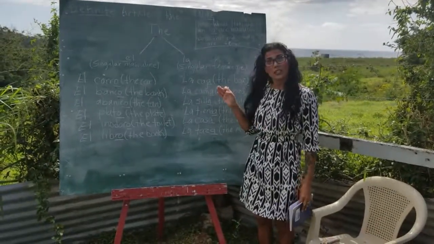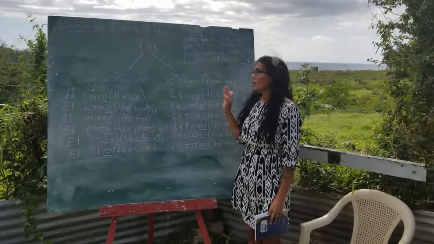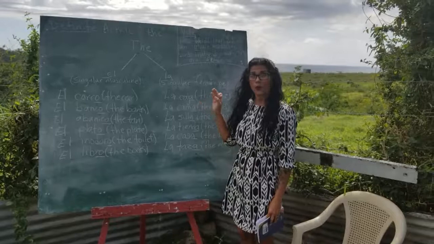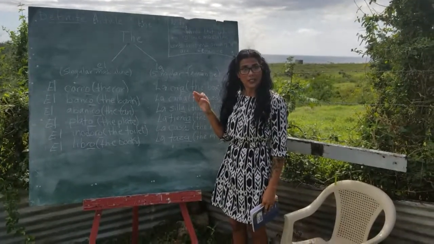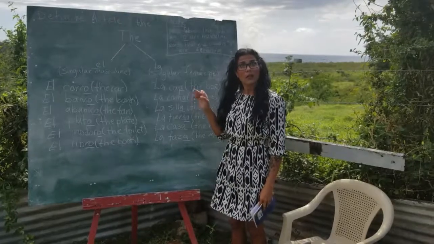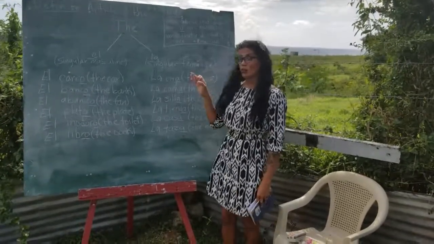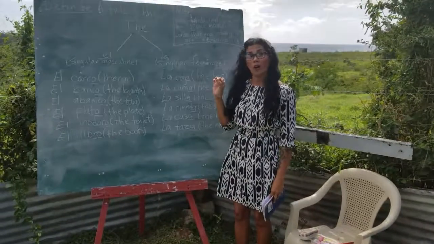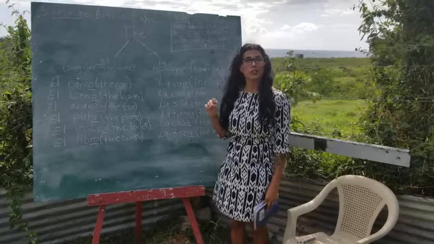In our next lesson, we will look into the plurals for "the", plural feminine and plural masculine. And I will post homework for you guys so you practice the words.